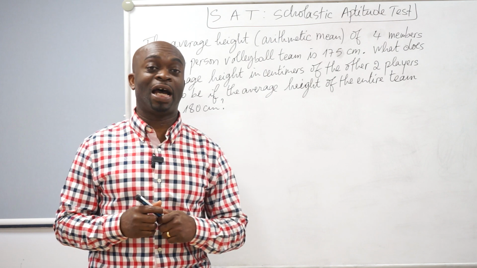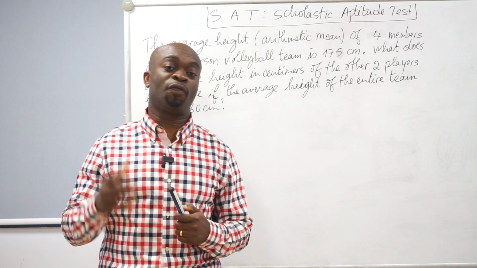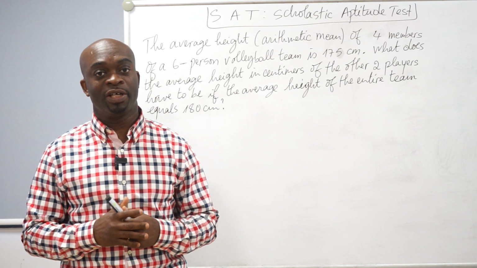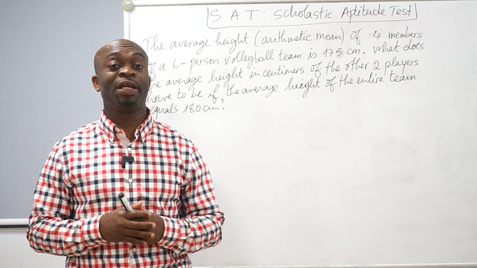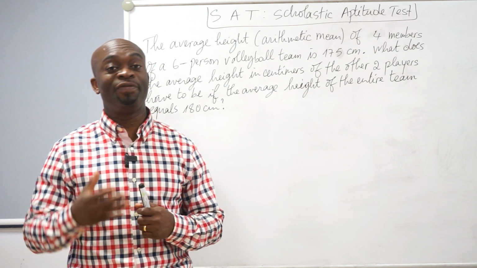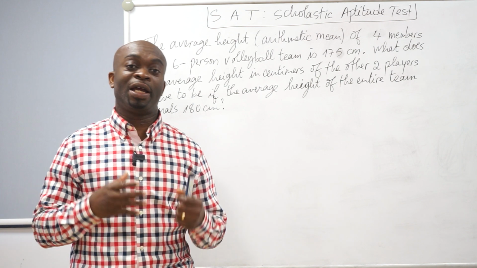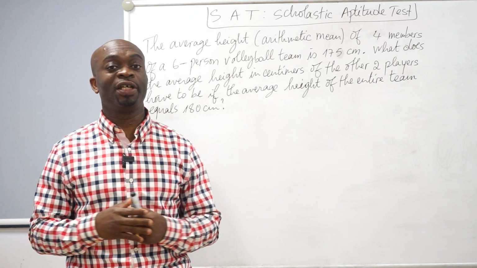That's the Scholastic Aptitude Test, which is usually given in the USA and also, of course, in a lot of other countries, for students who want to apply to a prominent university. Those who get very good scores can even get a scholarship or get into a very prominent university in the US.